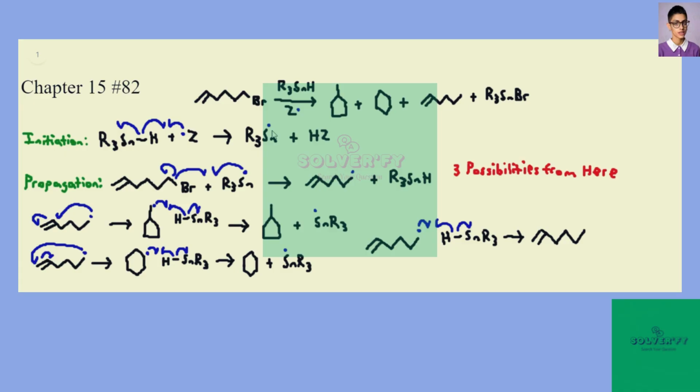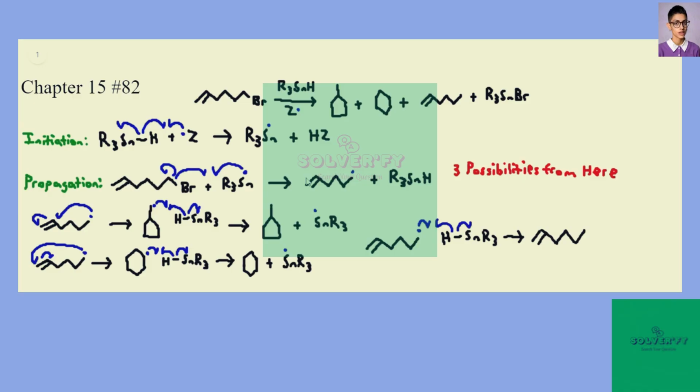And so that radical tin species is then going to take the bromine from this starting material by way of the carbon bromine bond cleaving. One of the electrons is going to form a bromine tin bond with the free radical on the tin, and then the other electron from the carbon bromine bond reverts to the carbon. So we now have this carbon free radical.